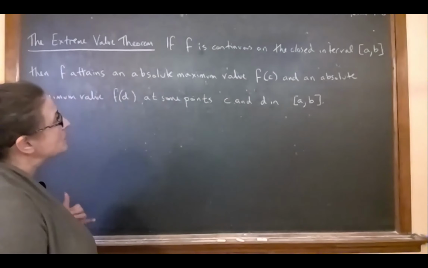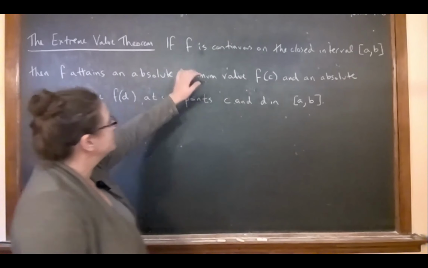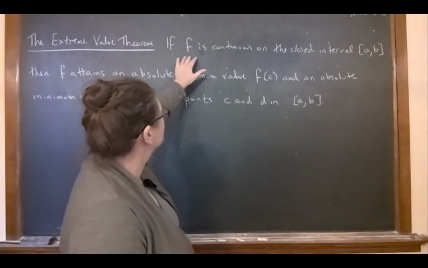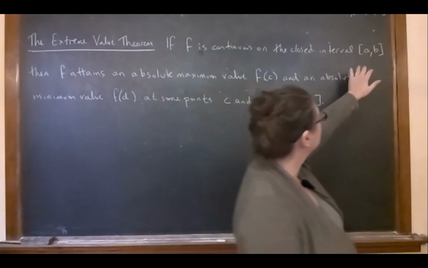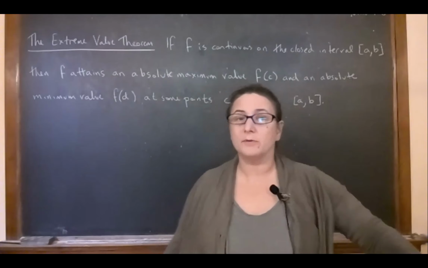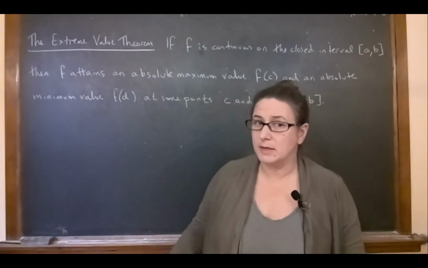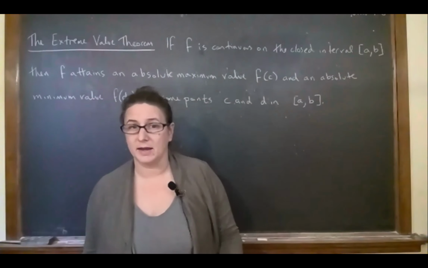So we need two things. We need our function to be continuous, and we need our domain to be a closed interval, because remember, we talked about the absolute max and min being dependent on the domain.